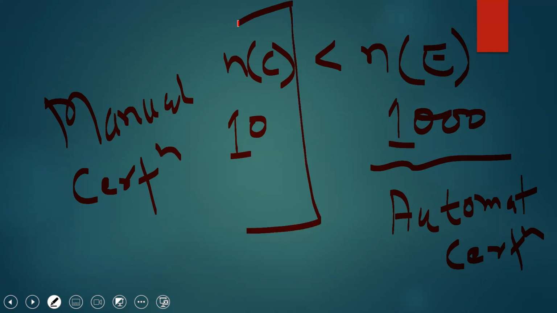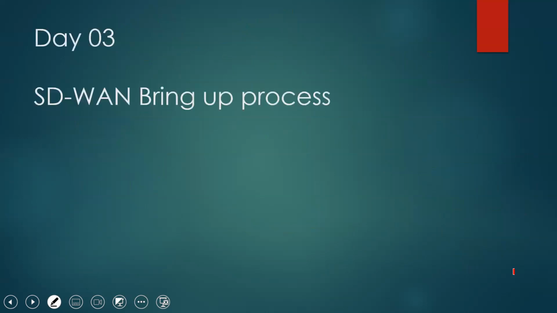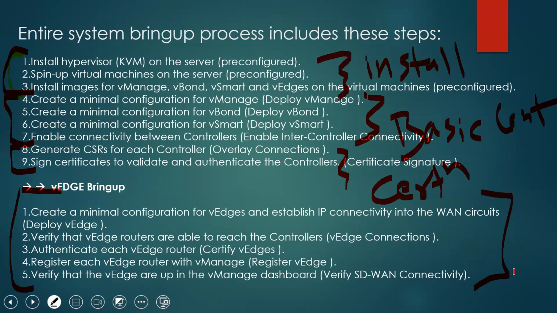So that means your control plane will be up and running if you take the control plane from Cisco. The next thing you have to do is bring up your edge devices. And since the edge device bring up process is automated, if you see the steps here, you have a physical device, so you don't need the hypervisors and all these things.